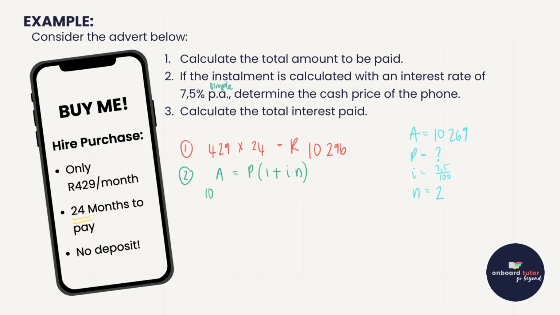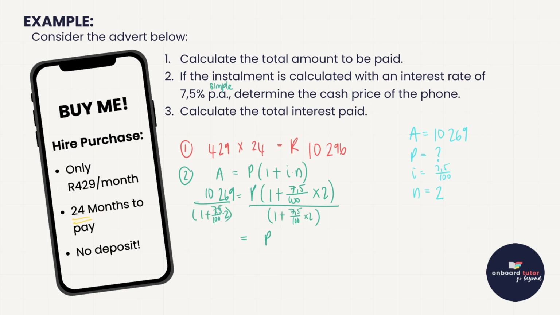Now I can solve. 10,296 equals P times (1 plus 7.5 divided by 100 times 2). To make sure that I don't lose any decimals, I'm going to divide by this whole bracket on both sides, and that's going to leave me just with a P value.